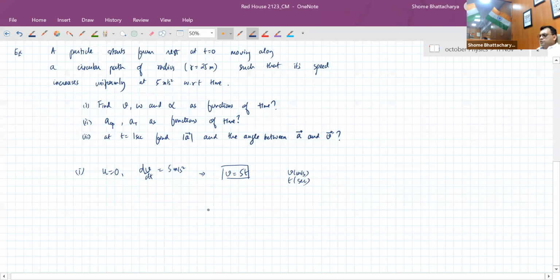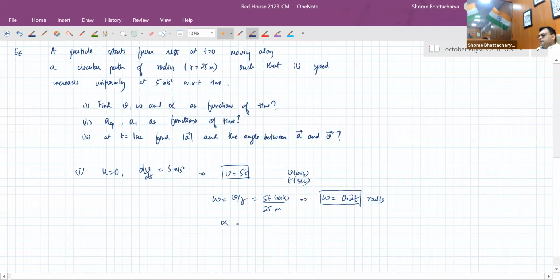Now we just use the definition that if v is 5t, then angular velocity or angular speed becomes v by r. So that is 5t meters per second divided by the radius of the circular path, which is given as 25 meters. So angular velocity is 0.2t, or t by 5 radians per second at time t.